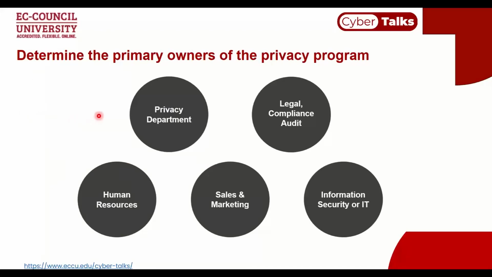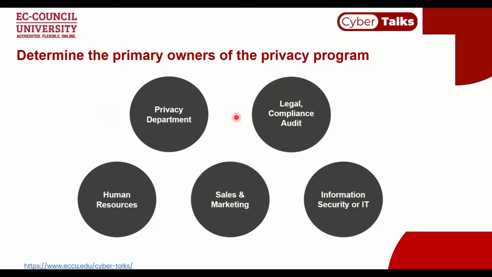Here are examples of who can be the owner of the privacy program in your organization. Starting with the privacy department: in most mature organizations, a dedicated privacy function exists that leads all privacy initiatives.